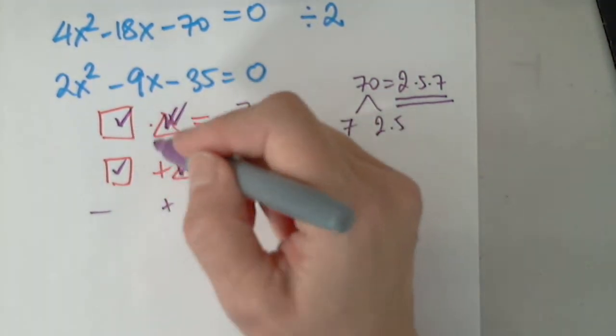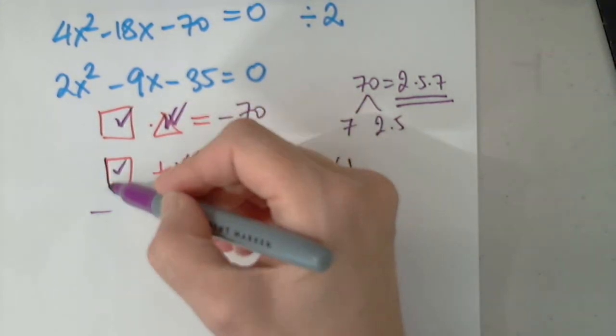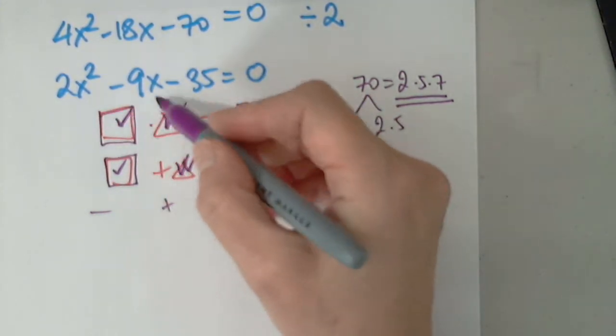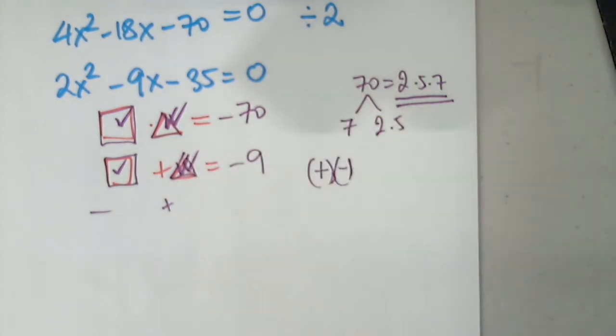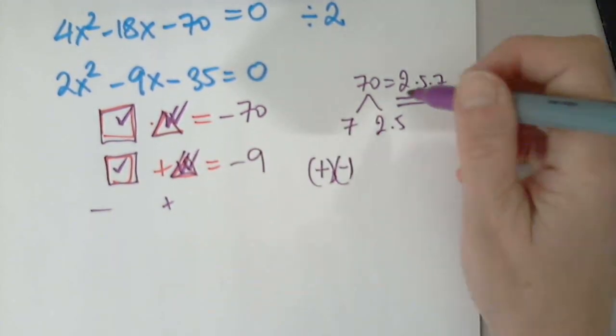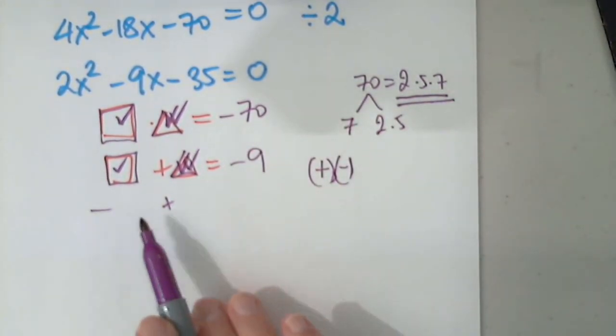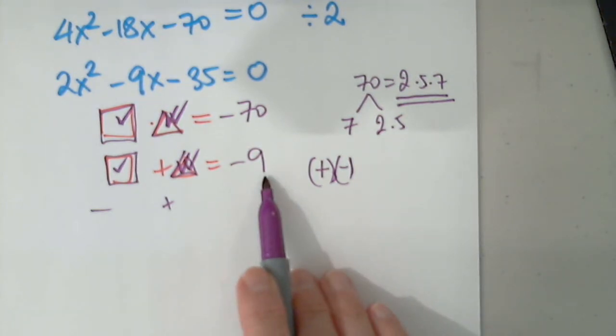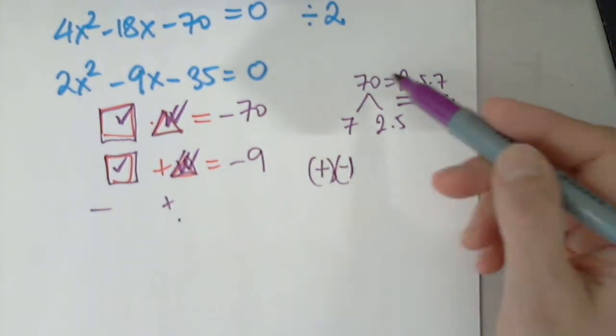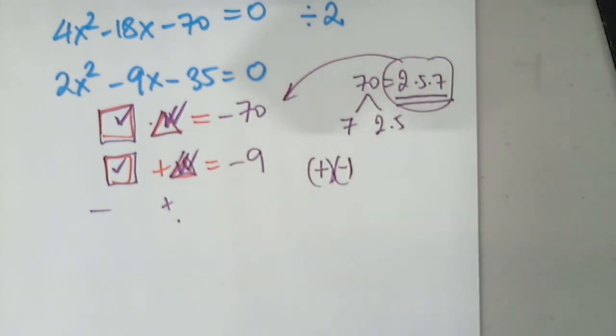I cannot find 2 here and 2 different here. They are the same. So the square is the same with the square, and the triangle will be the same with the triangle. So look at 2, 5, and 7, and come up with two numbers whose sum is negative 9, one negative, one positive, and when I multiply all these, I will get the negative 70.